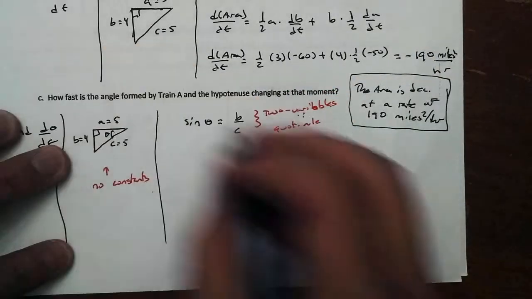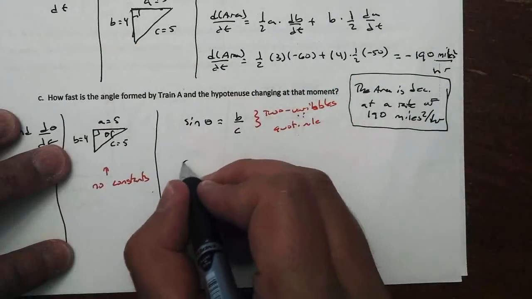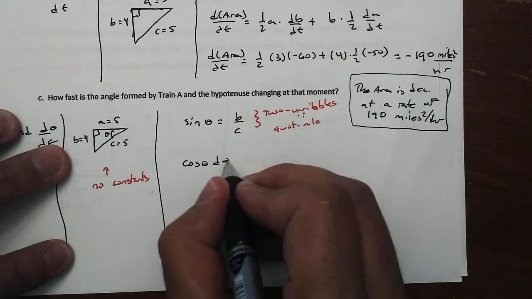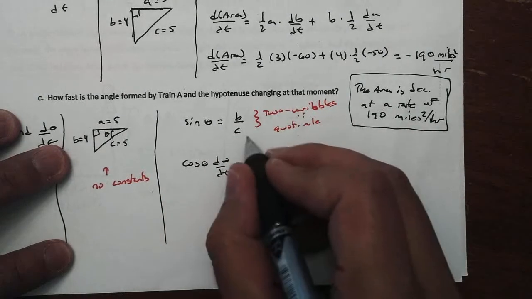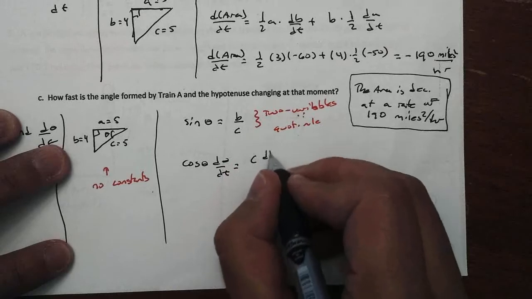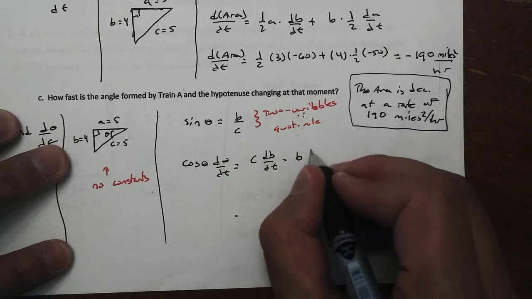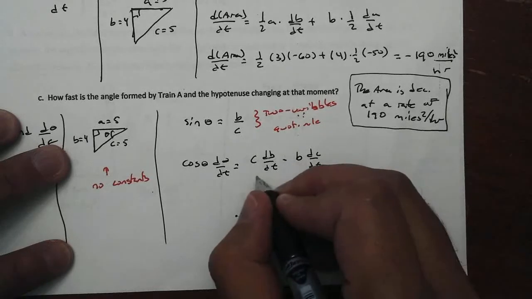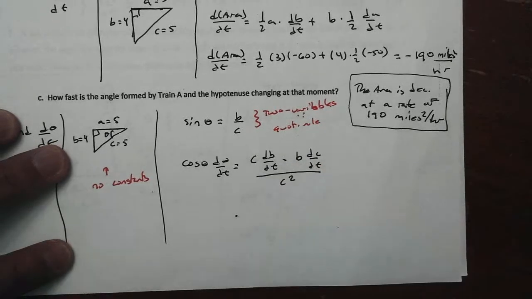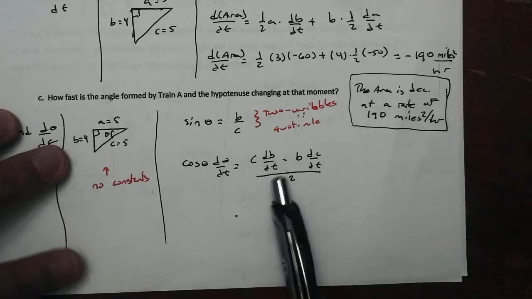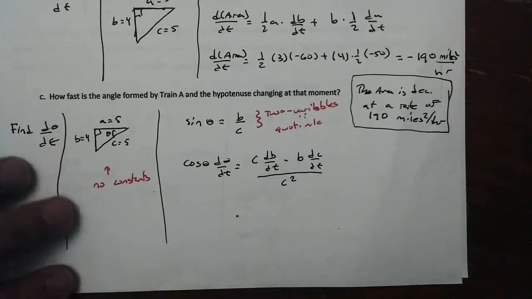So, taking the derivative, we would get cosine theta, dθ/dt, equals the quotient rule, low d high minus high d low, all over the bottom squared. Now, because none of them are constant, that's what we have to use.